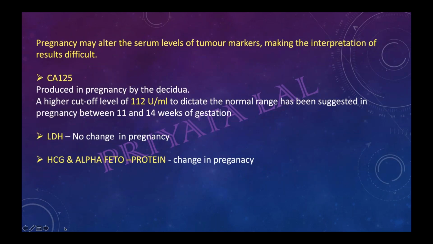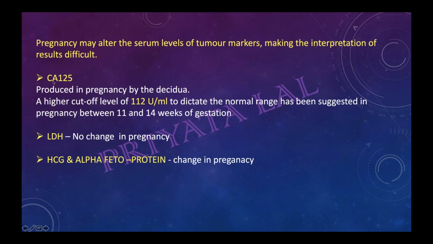Now tumor markers can be seen in pregnancy, but the problem is that interpretation of the results will be very difficult. CA125 is produced by the decidua also, so they have a higher cutoff of 112, between 11 to 14 weeks of pregnancy.